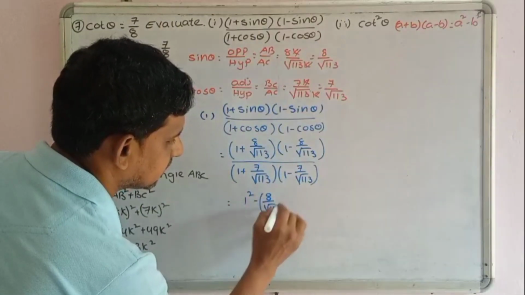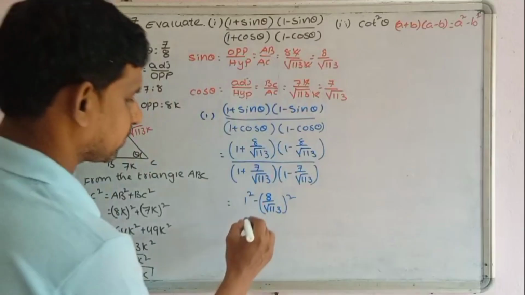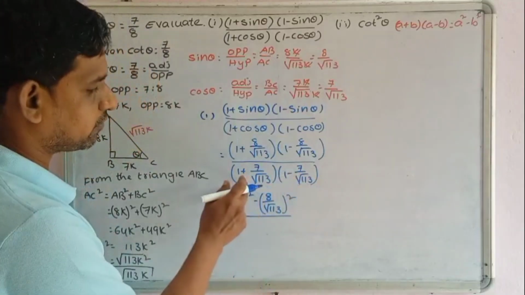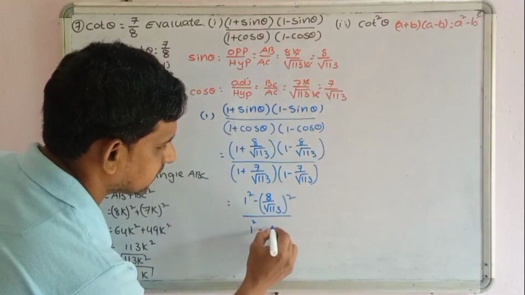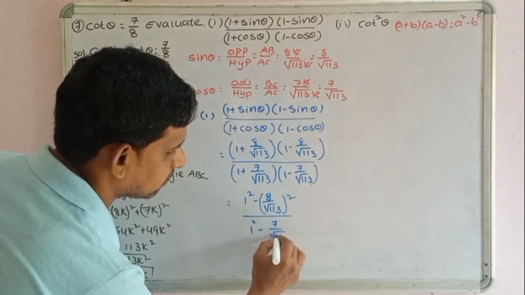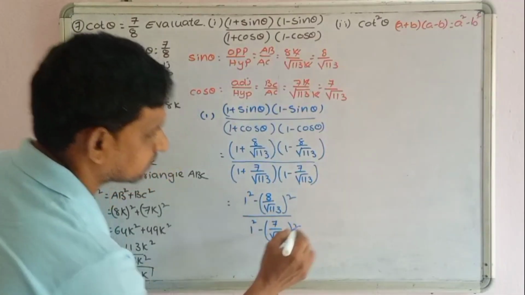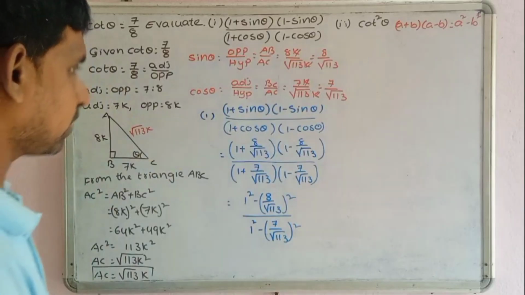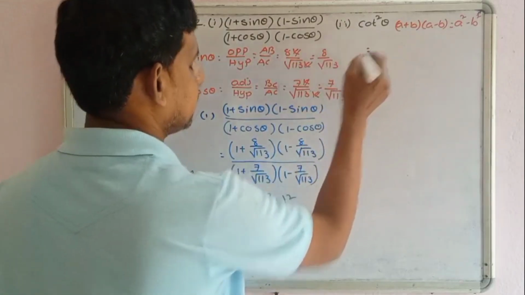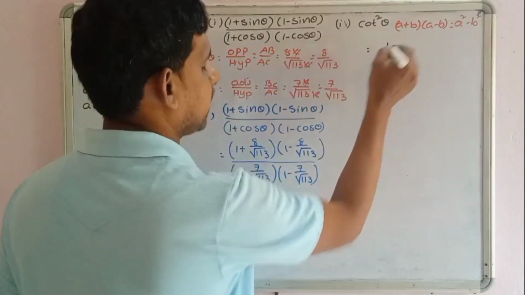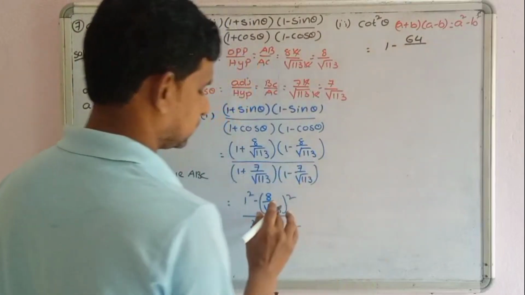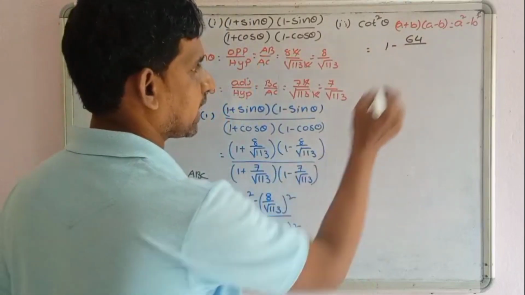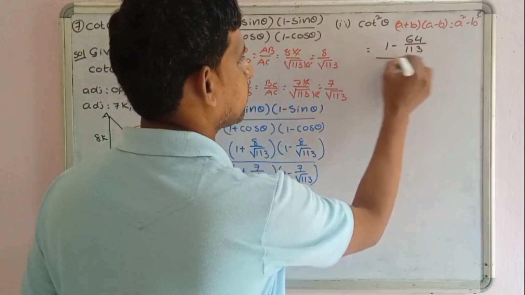1 square minus (8 by square root of 113) whole square, and the denominator also uses the same formula, a plus b into a minus b. So 1 square minus (7 by square root of 113) square. Now see, 1 square, 1 minus 8 square is 64 by square root of 113 square, so the square root cancels, 113.